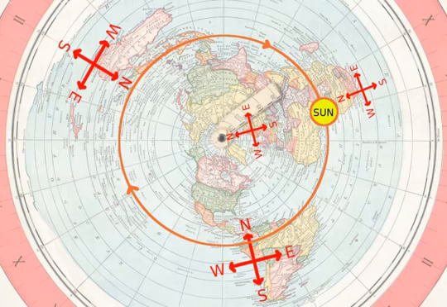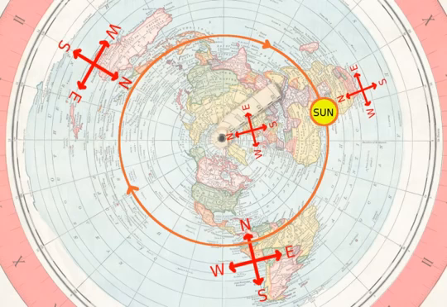Now, if we add more compass points in different locations around the world, in Australia and South America there, you can see that the north is always facing the center of the globe or the flat Earth. It's the same with both models. And of course, your east and west are perpendicular to that north.